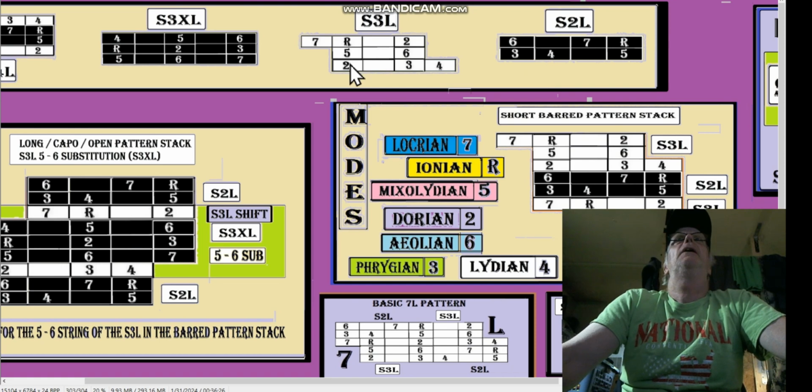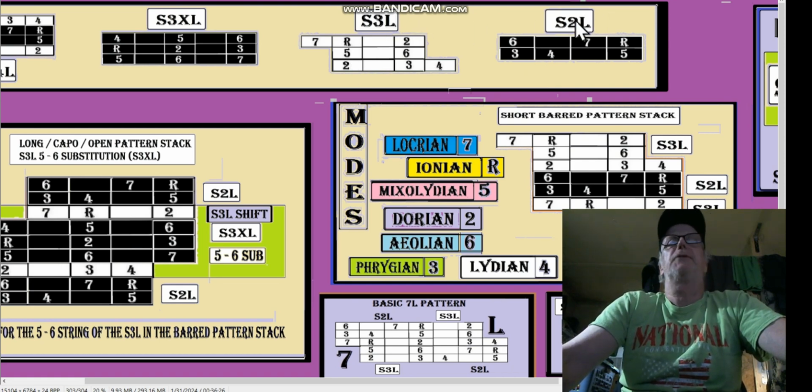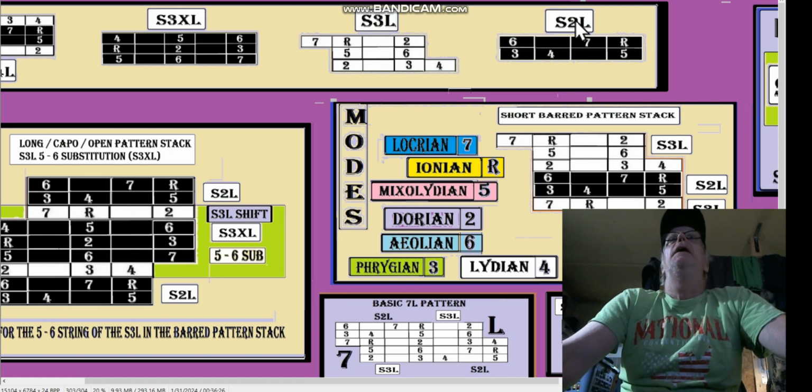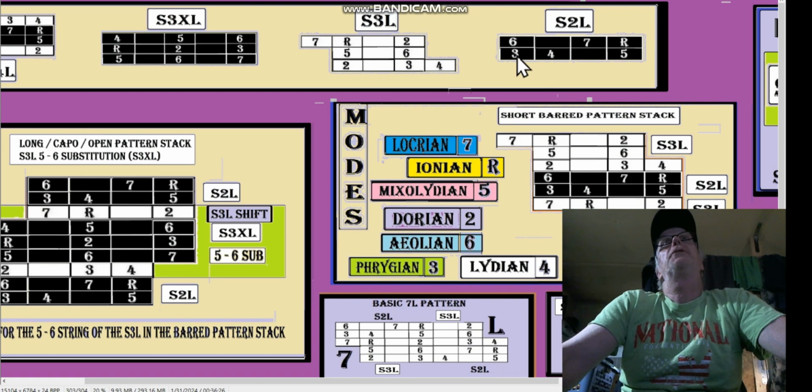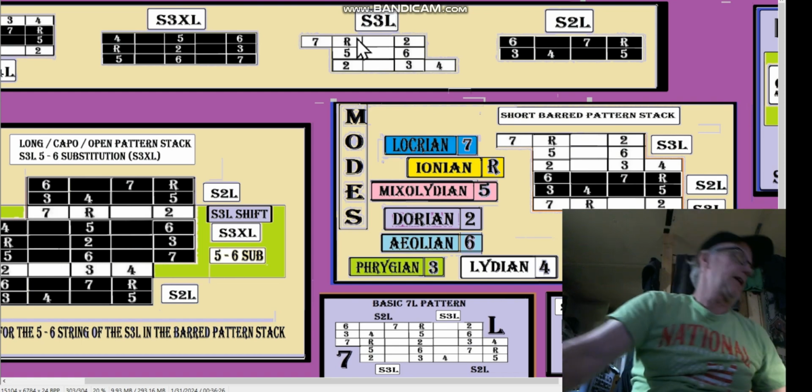The S2L and the S2S are the first two things we have to learn. And you might say, well, why does it start on 2? Why does it start on 3? Because in the pentatonic scales, really only one of them starts on the R, and that would be the E-shaped pentatonic scale.